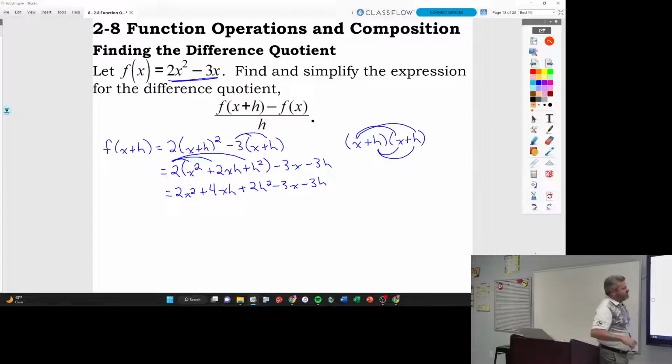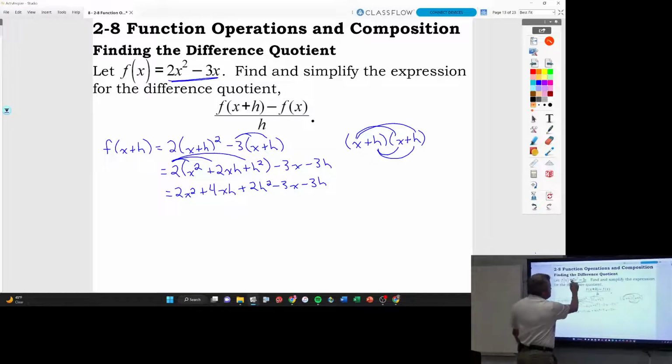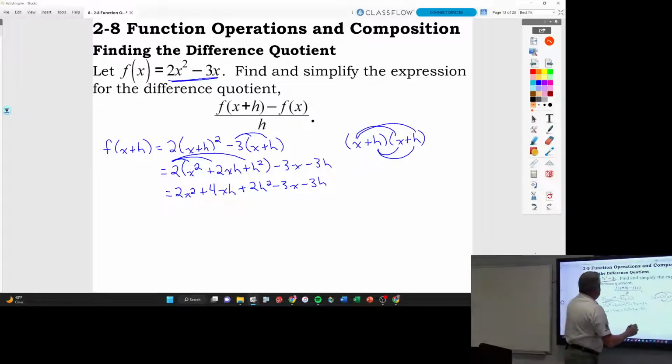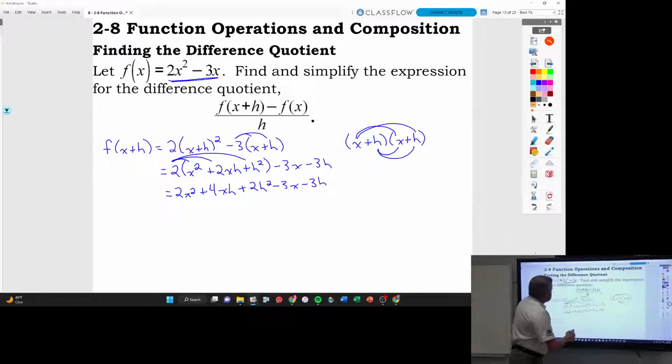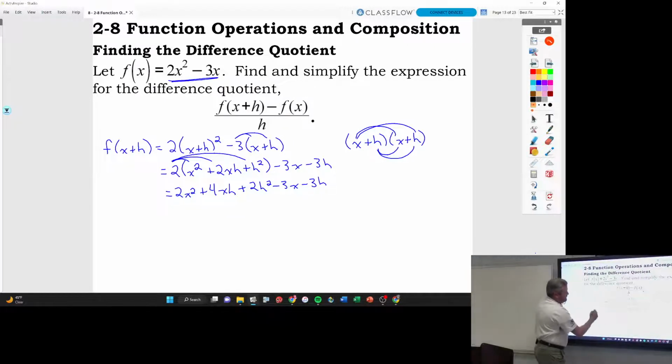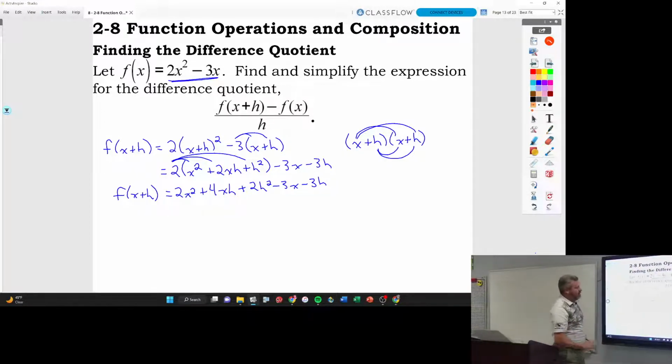Okay, so now let's do f of x. Well, f of x is given, it's 2x squared minus 3x. So let's go ahead and start putting this all together here. So f of x plus h is this right here. I'm going to subtract f of x from that.